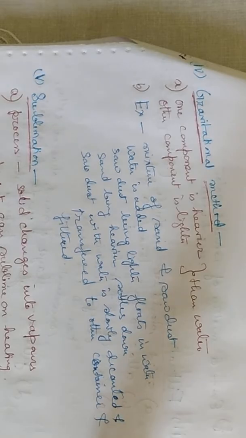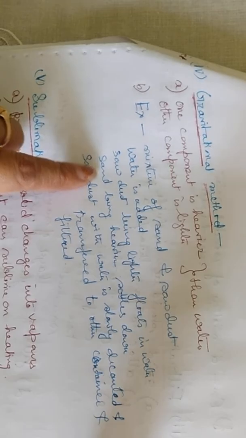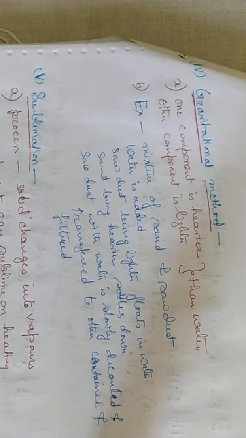Now the sawdust with water is slowly decanted and transferred to the other container and then filtered. The sand which has settled down, remaining in the bottom of the container, is separated from the sawdust.